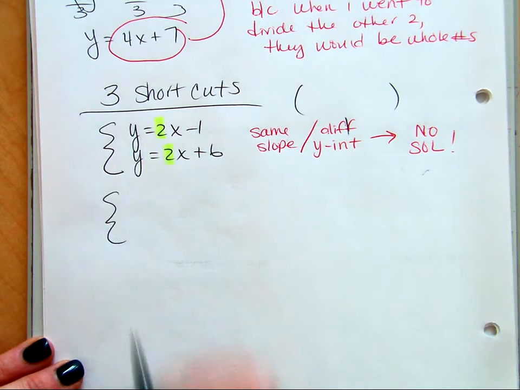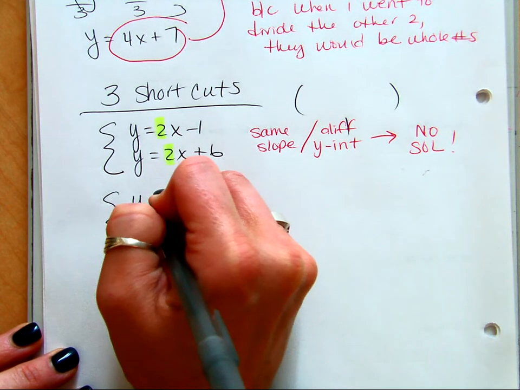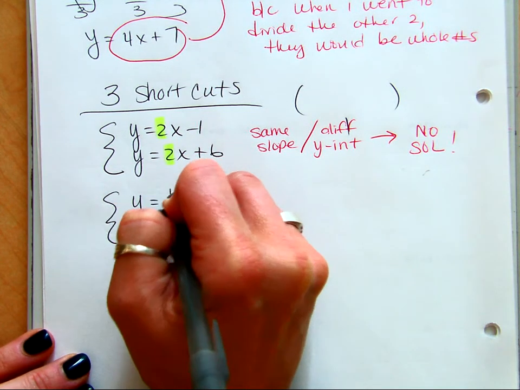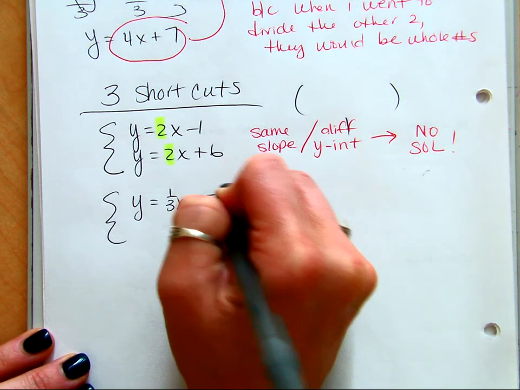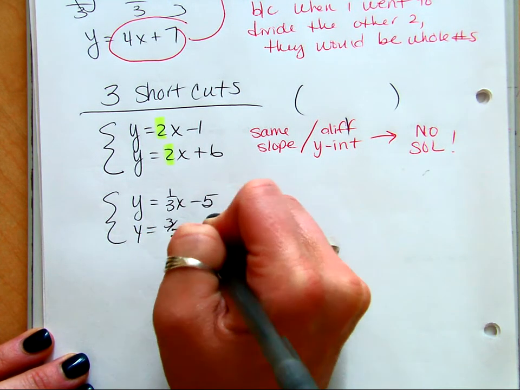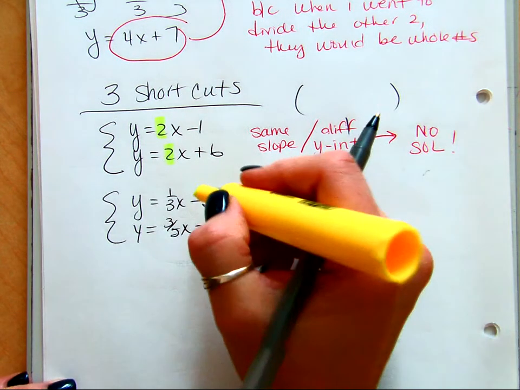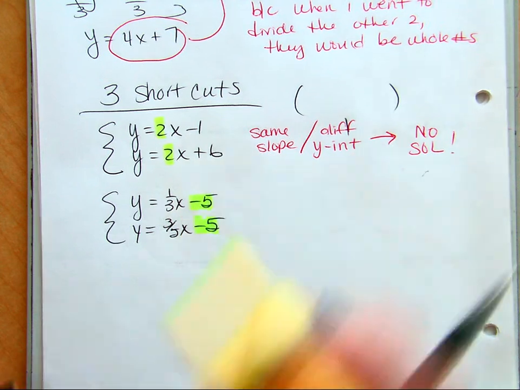Shortcut number 2. Y equals 1/3 x minus 5. Y equals 3/5 x minus 5. So if you know anything about graphing, this time what's the same? This time the y-intercept is the same.